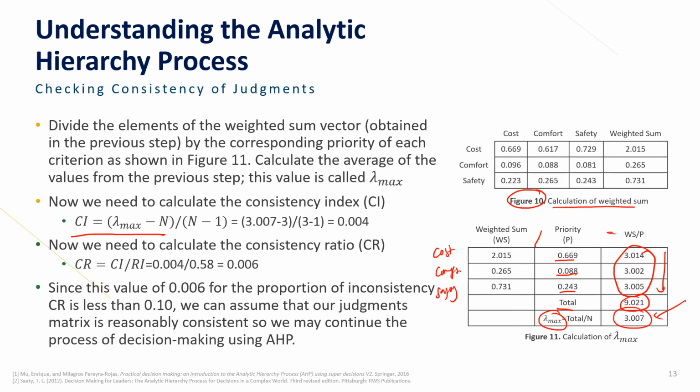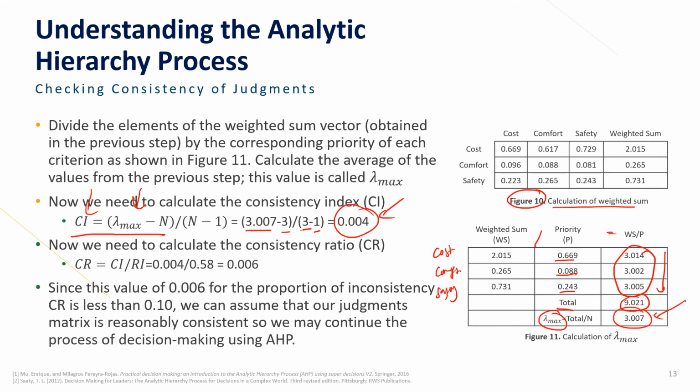Finding the lambda max is the critical part, because the lambda max determines the consistency index. As you can see here, the formulation is 3.007 minus 3, where 3 is the number of criteria, divided by 3 minus 1. It equals 0.004. This is your consistency index.